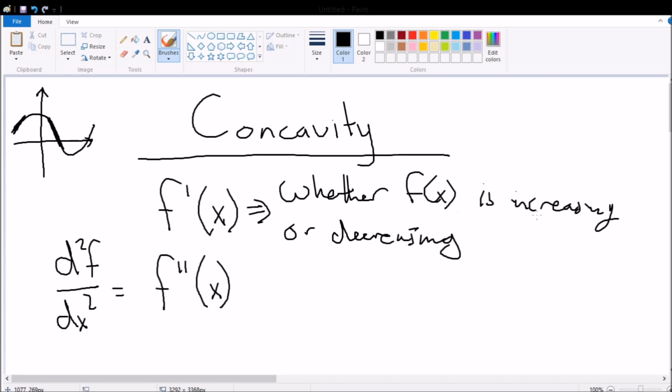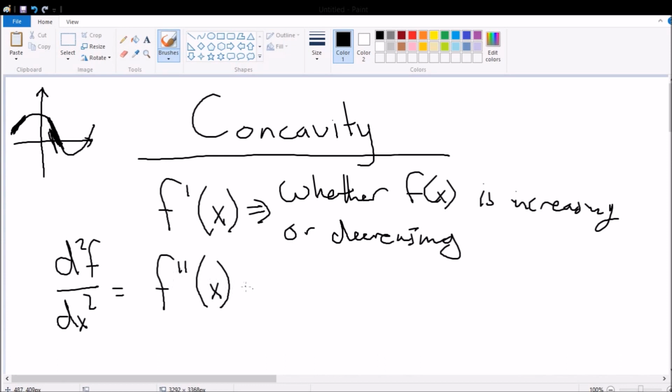So derivatives always describe rate of change, and this is in more layman's terms, I guess. It describes whether the slope is increasing or decreasing, which basically is the rate of change.